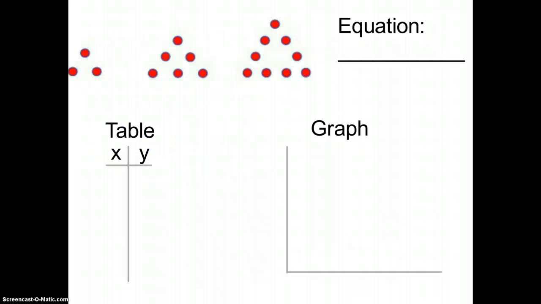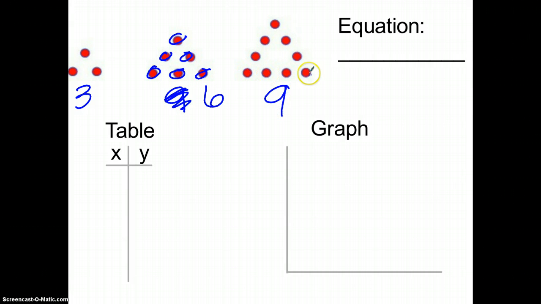Here we need to make a table, a graph, and an equation. So we got 3 dots, 9, and wait, this is 6, I think. 1, 2, 3, 4, 5, 6. Okay, 6, and then this is 9. 1, 2, 3, 4, 5, 6, 7, 8, 9. So on our table we go 1, 2, 3, and 3, 6, 9.